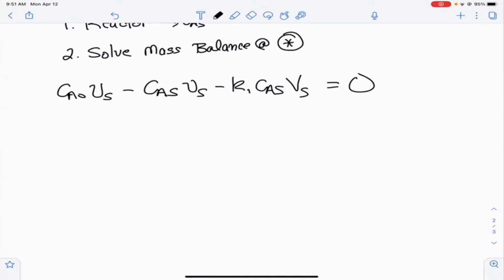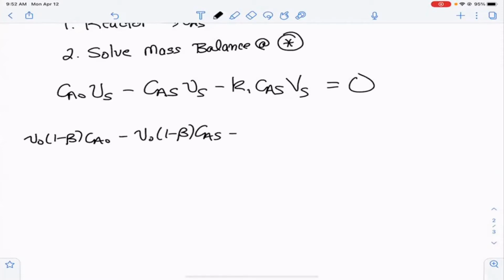We know Vs is just V0 times 1 minus beta. Then that's times CA0, minus V0 times 1 minus beta times CAS, minus K1 times CAS times alpha times the volume, and that's equal to 0.